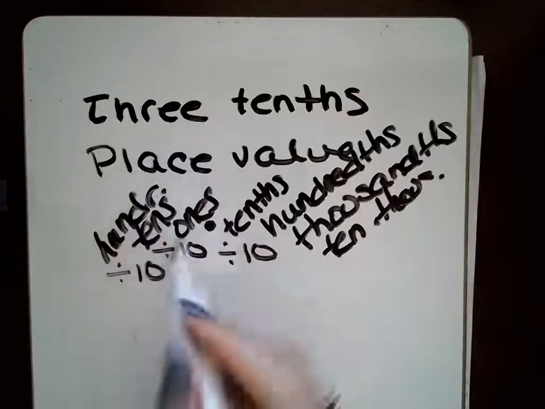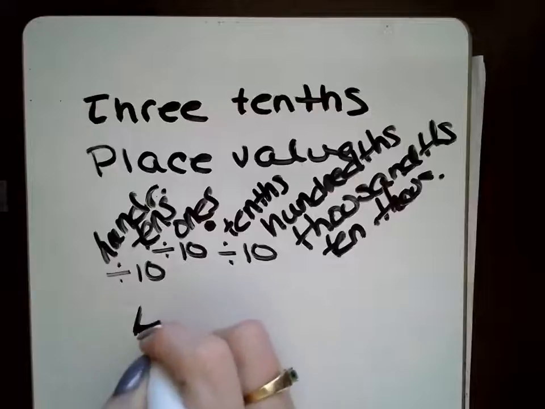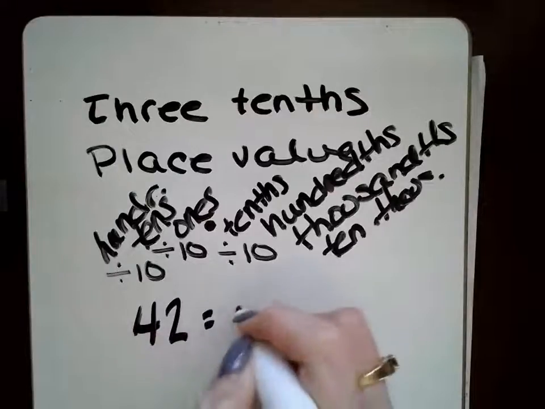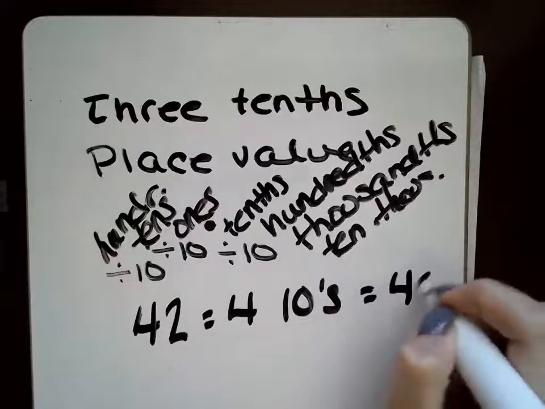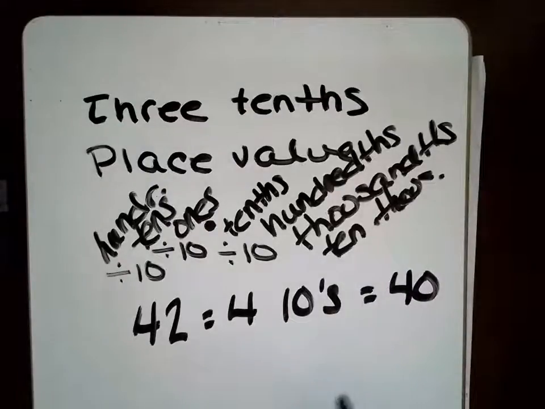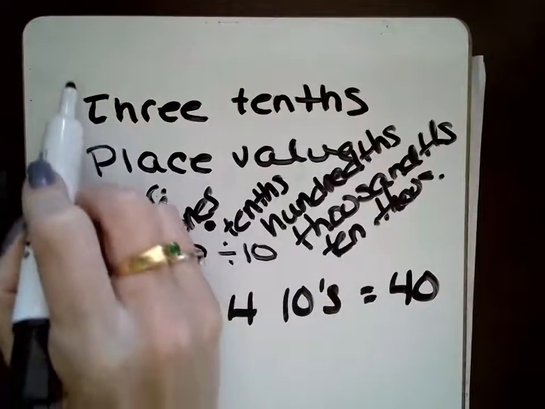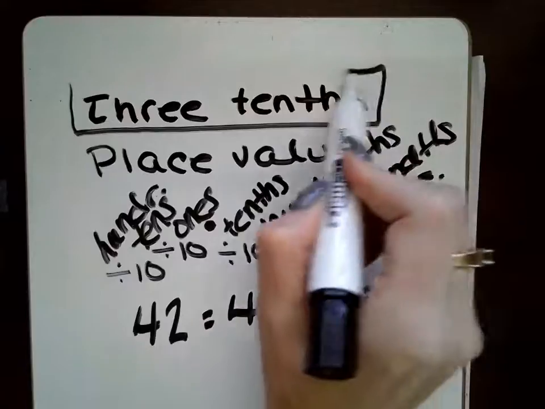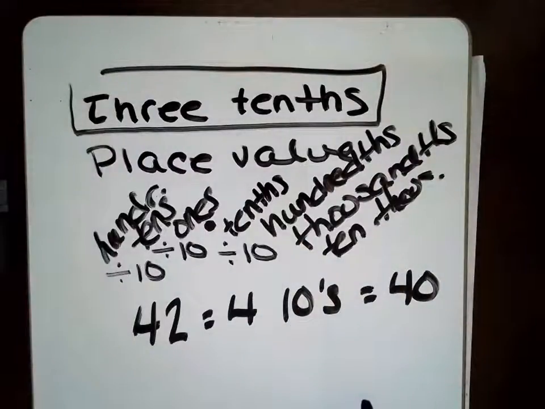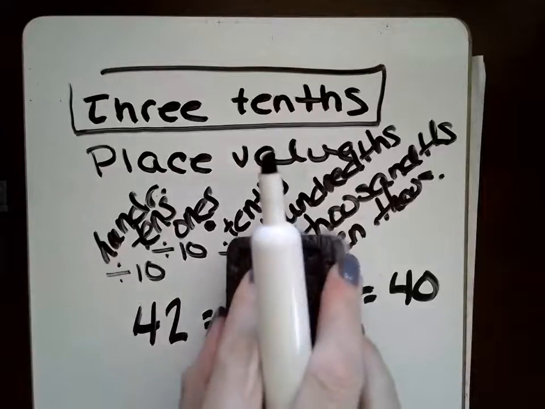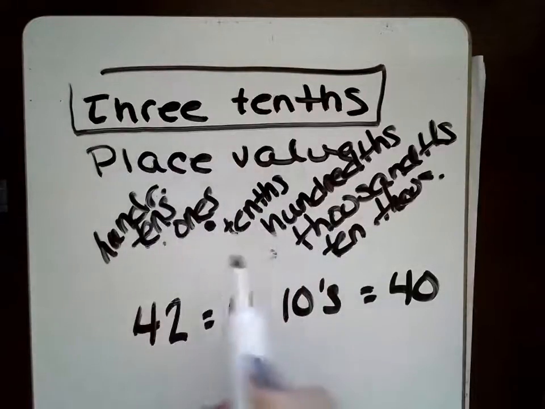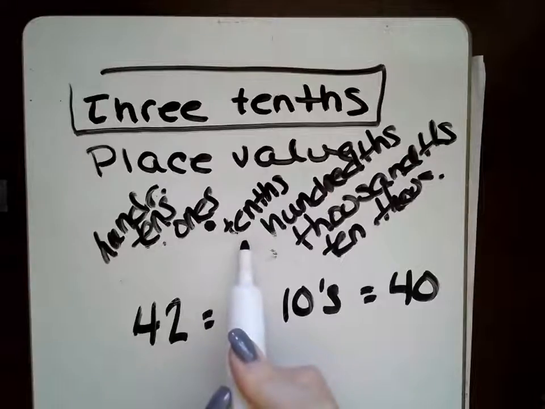If I say, just back to that 42, where we say 4 tens for a value of 40 and 2 ones for a value of 2, if I need to take 3 tenths and put it into decimal format, well, we look and say, where's our tenths place? Our tenths place is directly to the right of the decimal point, because it's our whole number divided by 10.